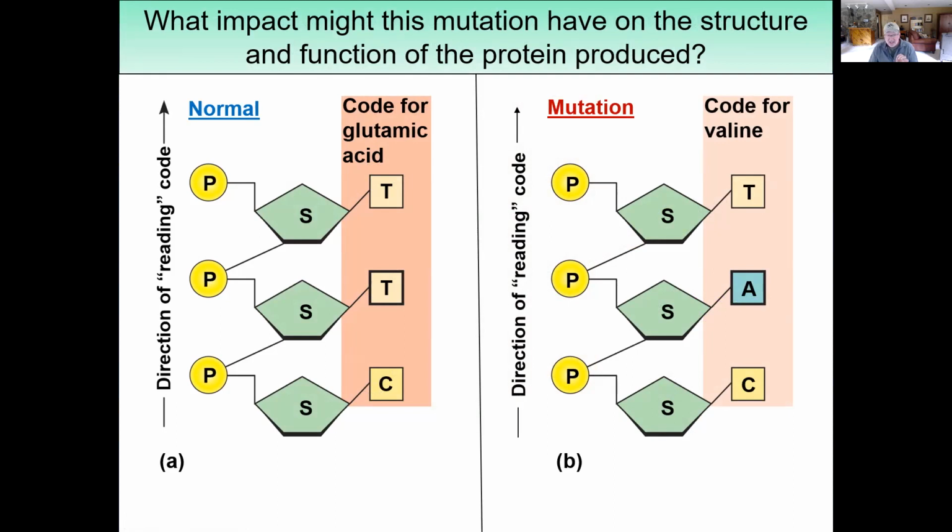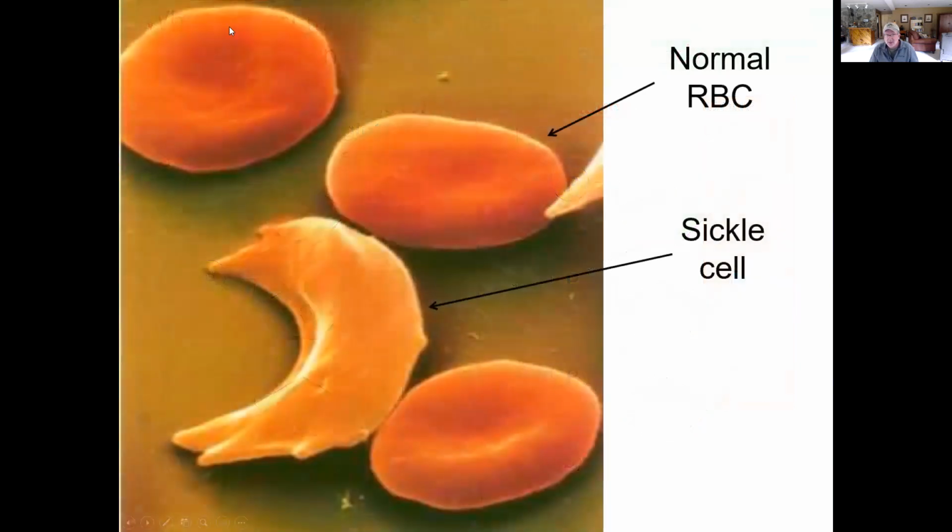But what could potentially happen with a significant difference between having a normal versus a mutation, a normal sequence versus a mutation sequence, could be the difference between having a normal biconcave red blood cell, like we see here, or having what we call sickle cell trait.